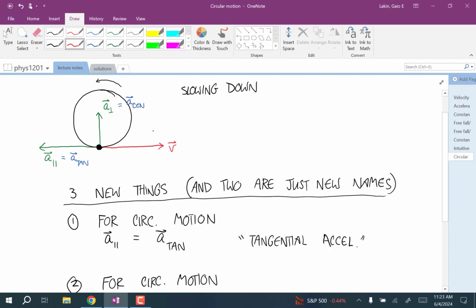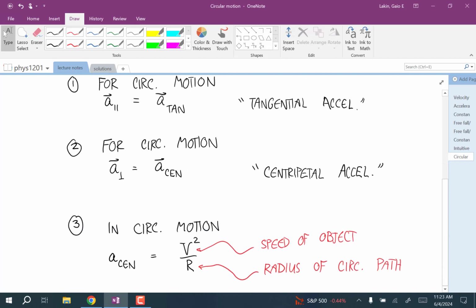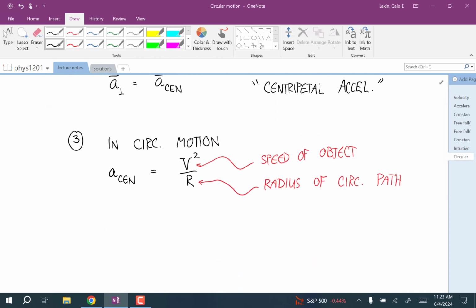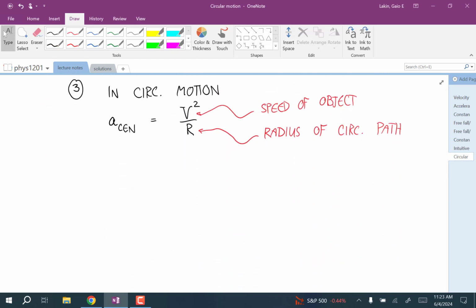So this is just true of every circle. And so how do you get the total acceleration? Once you know the tangential acceleration and the centripetal acceleration, then the total is just the sum of these two.